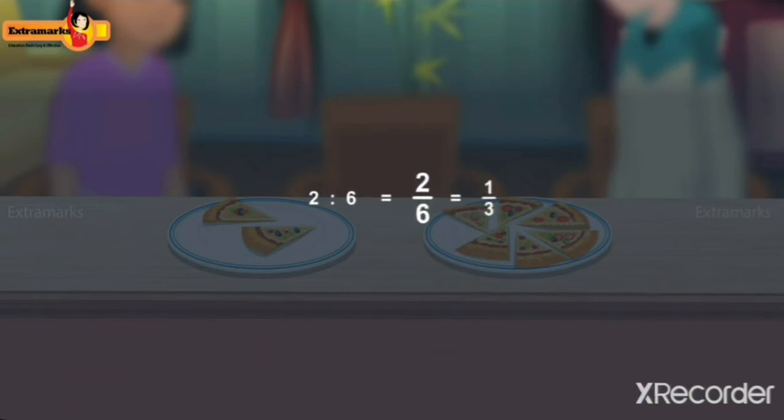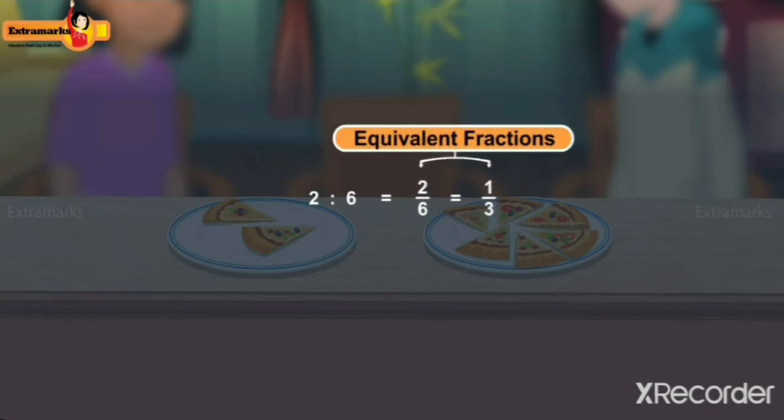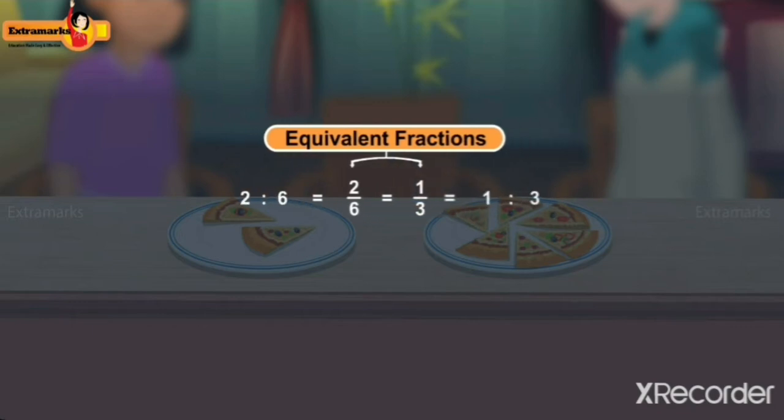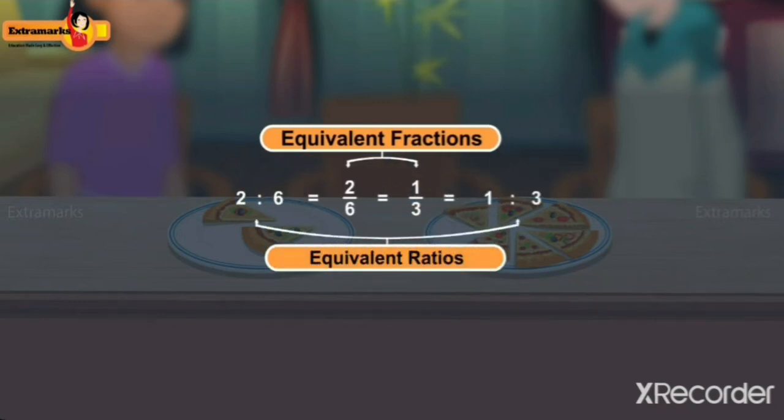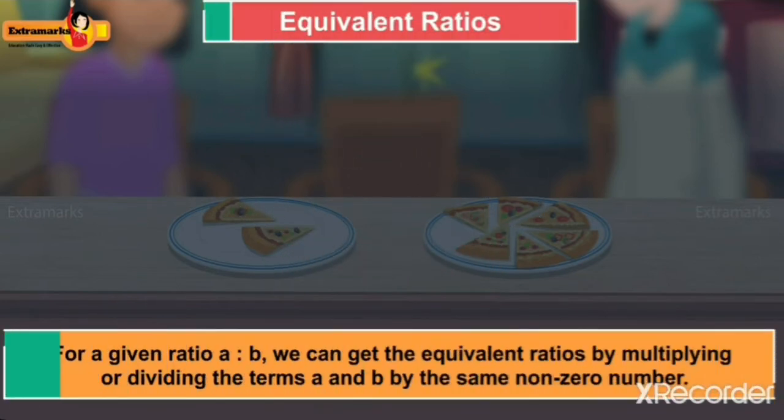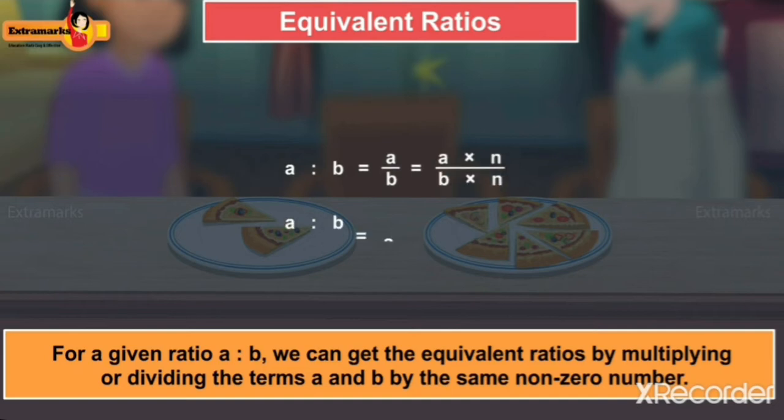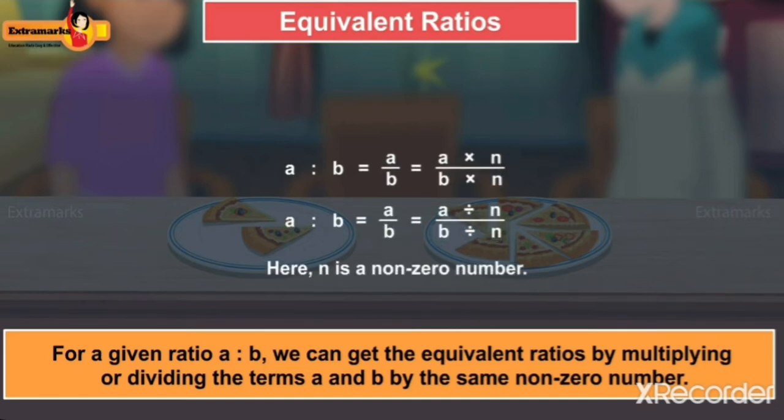We know that 2 upon 6 and 1 upon 3 are called equivalent fractions. Similarly, we call the ratios 2:6 and 1:3 equivalent ratios. Thus, for a given ratio A:B, we can get the equivalent ratios by multiplying or dividing the terms A and B by the same non-zero number.